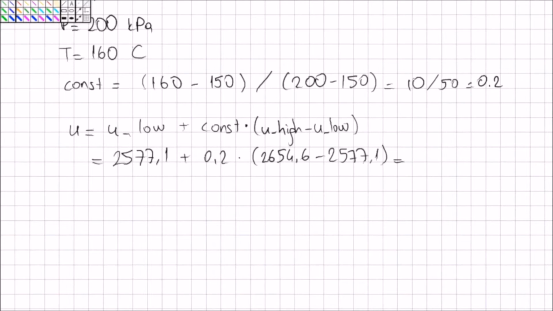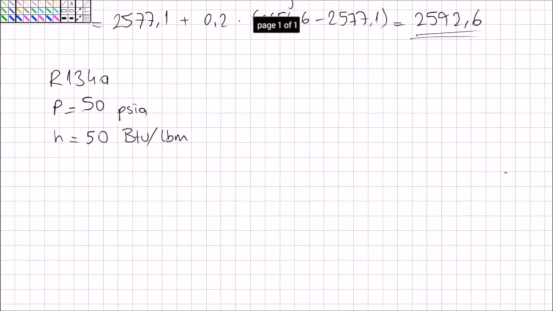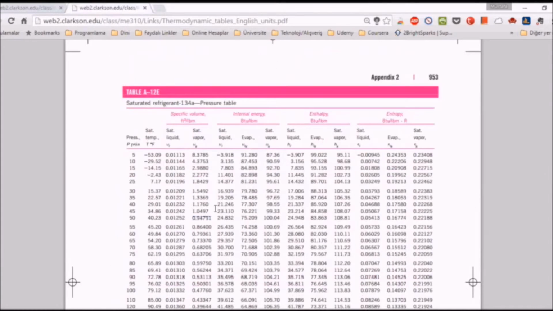And let's say another question, for example, our fluid is refrigerant and our pressure is 50 psi and enthalpy is given as 50 Btu per pound mass. We should first look at refrigerant tables. We know pressure and we will look for saturated pressure tables.